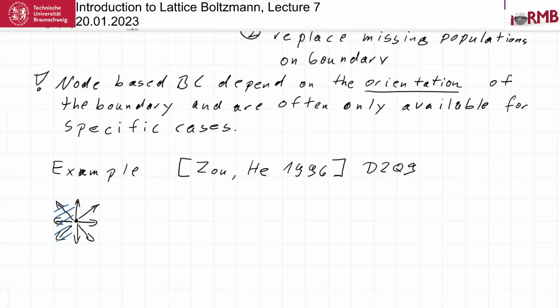So the boundary is on the left, right? This means that we have missing information going to the right. So the distributions that enter here from F1, and F1, 0 and F1 minus 1, they come from outside, so they are not known. So we have to specify them.